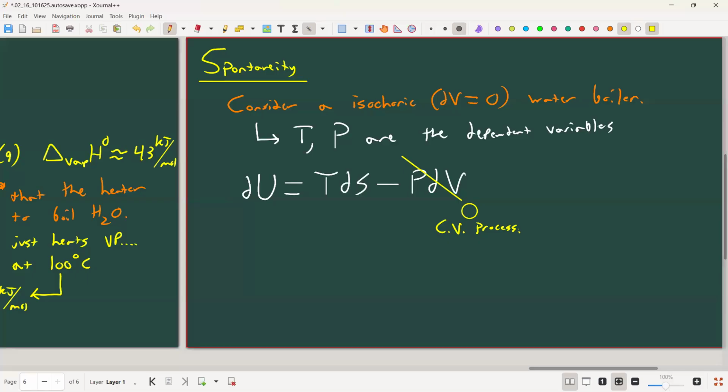So if that's 0, we can say that dU in this system is approximately equal to the change in enthalpy of the system.